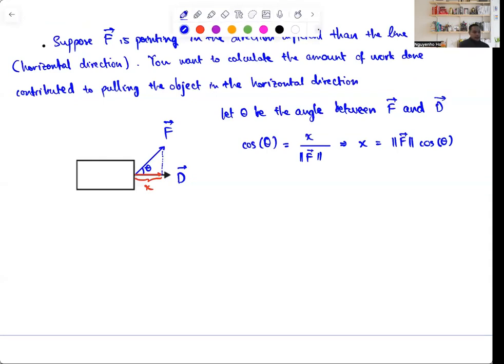Now, what is the work done? The work done is what? Force times distance. Okay. And now the force in this case is not fully F, right? It's a part of it. It's just X, because X is the amount that gets contributed in moving the object in the horizontal direction. So therefore, the work done is equal to the magnitude of F times cosine of theta multiplied with the distance.